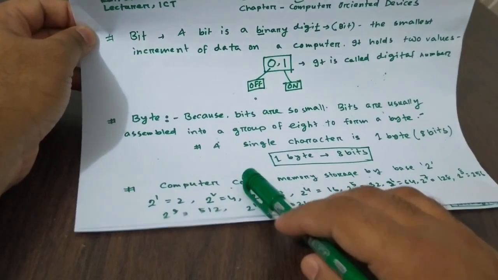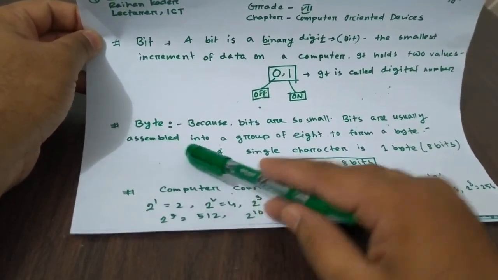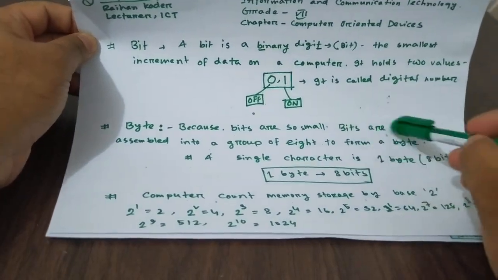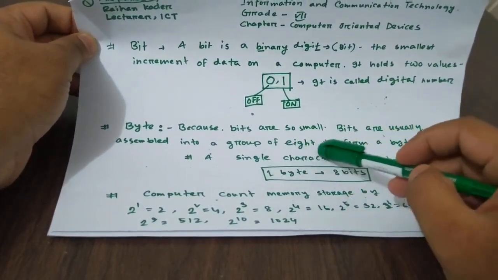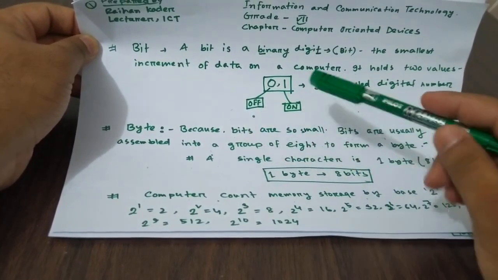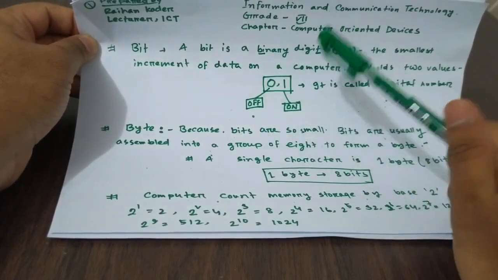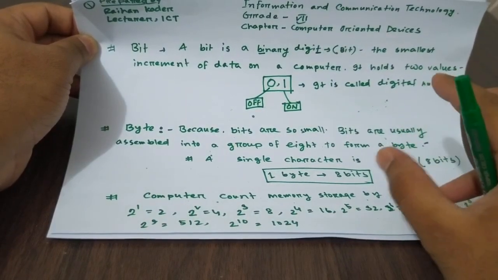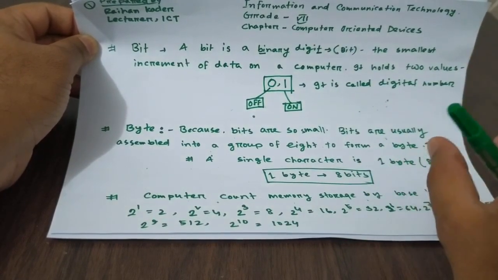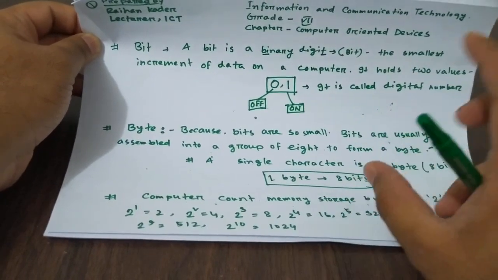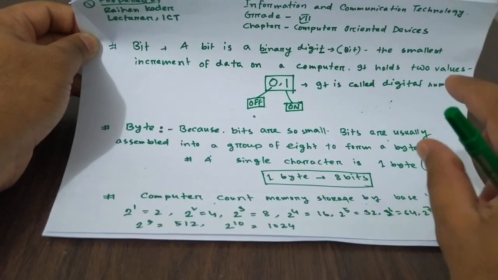Now it comes to the byte, because bits are so small. Bits are usually assembled into a group of 8 to form a byte. Bits are so small, you cannot make a memory with single bits. If you want to form a byte, you need 8 bits.